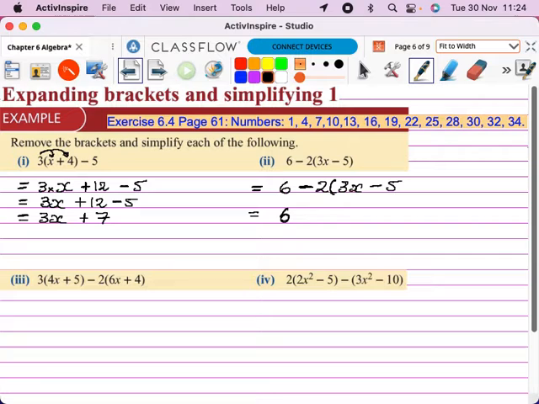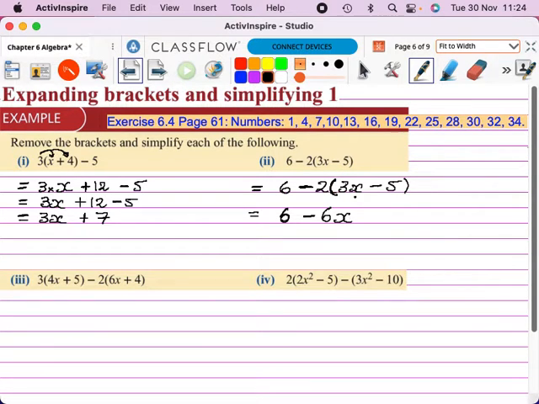You can reach for your calculators and do minus 2 multiplied by 3, and you get minus 6. But what we've got to remember is, what is that minus 6 associated with? It's associated with the x, so it's minus 6x.